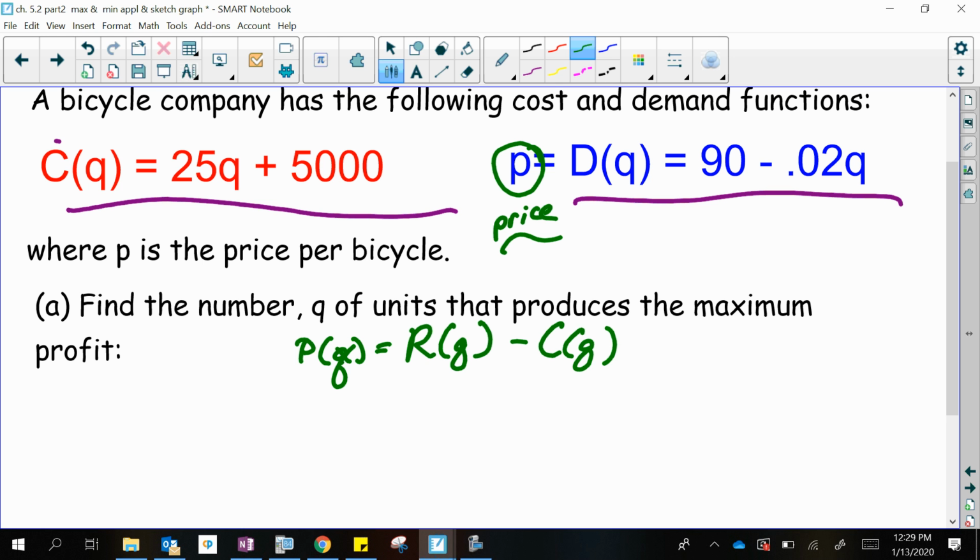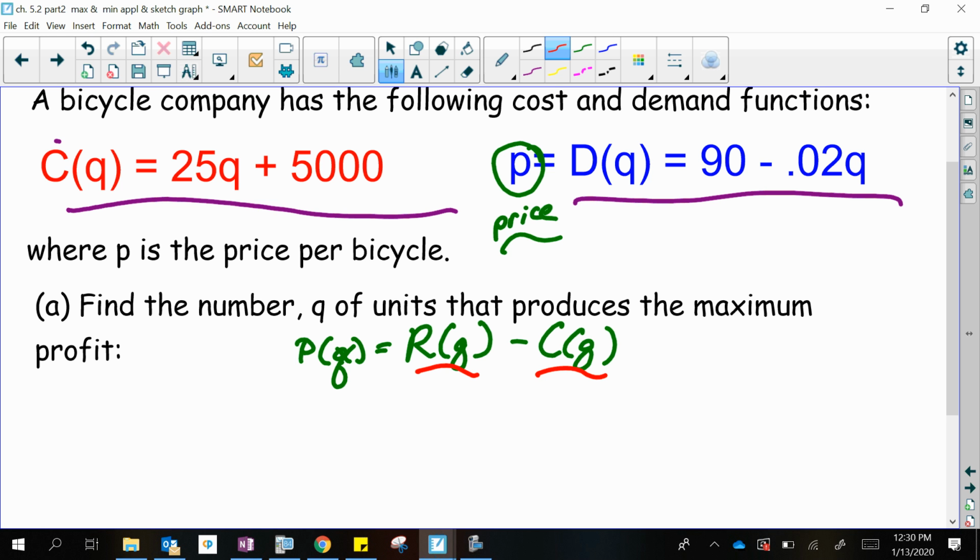Do we have C of Q? Yeah. Do we have R of Q? No. How do we get R of Q? Times what by Q? Right, we times the demand.